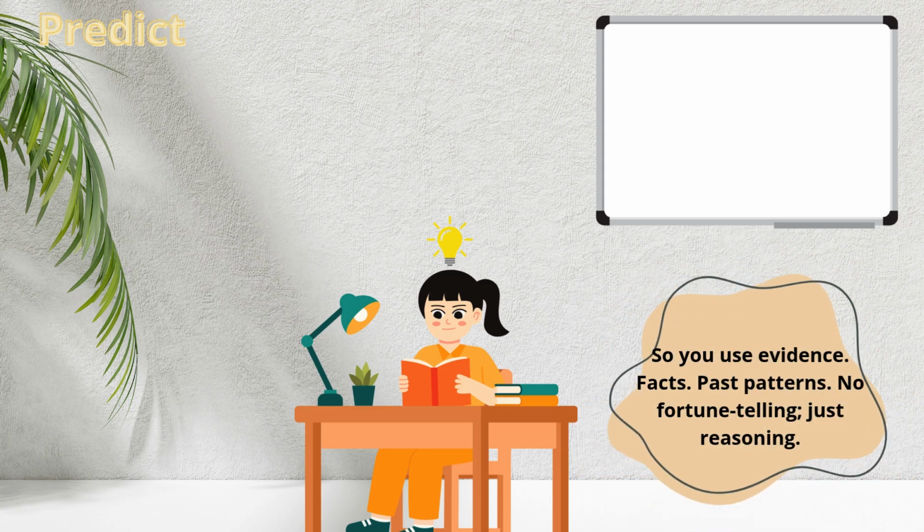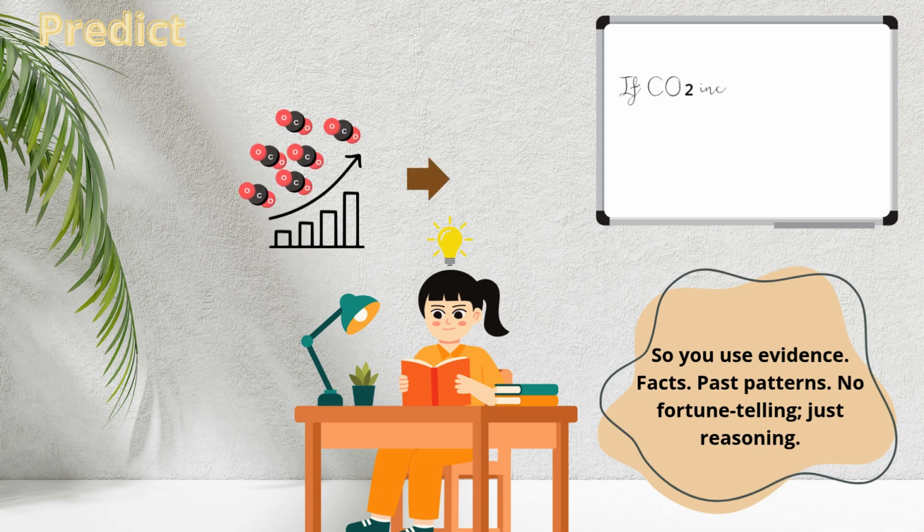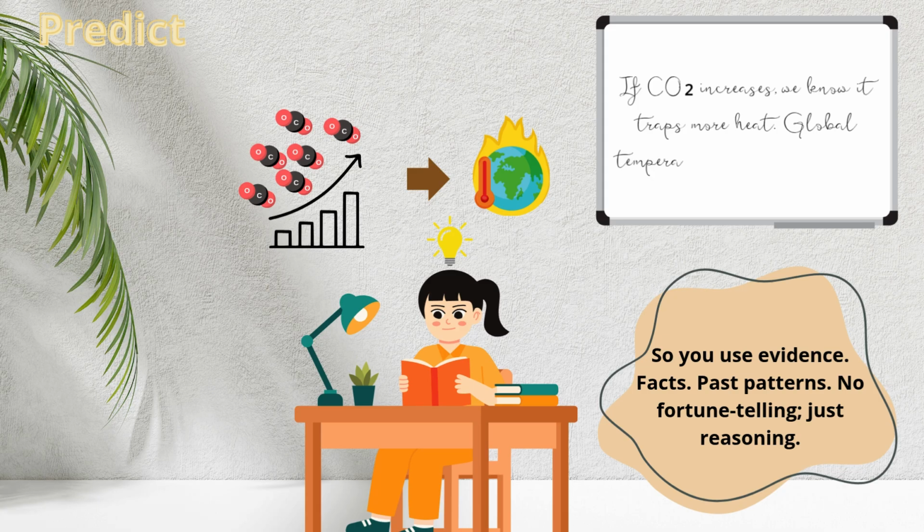So you use evidence, facts, past patterns. No fortune telling, just reasoning. In this case, if CO2 increases, we know it traps more heat. So, your prediction? Global temperature is likely to rise. That's a scientific prediction. No magic involved.